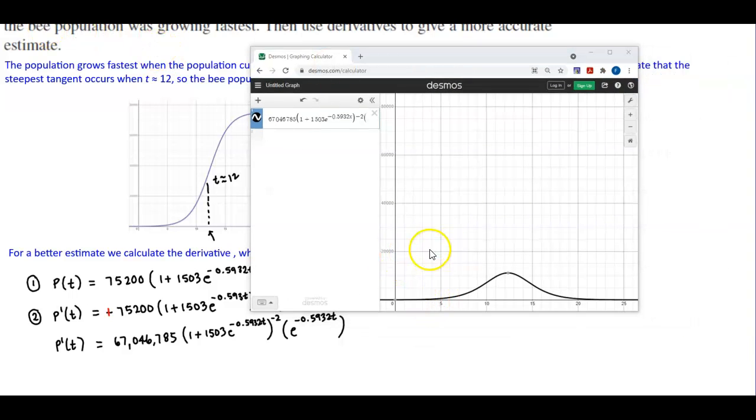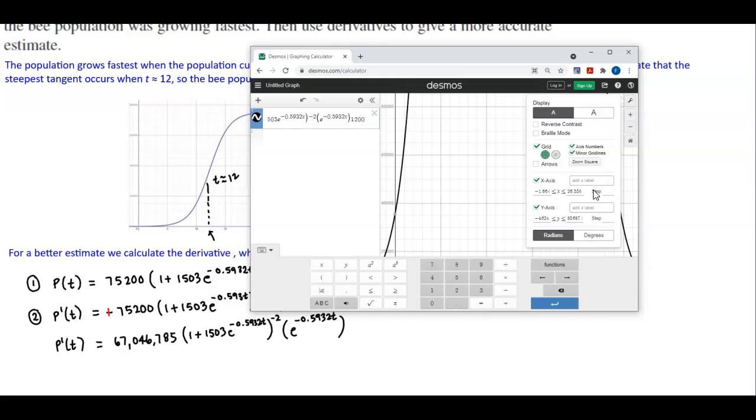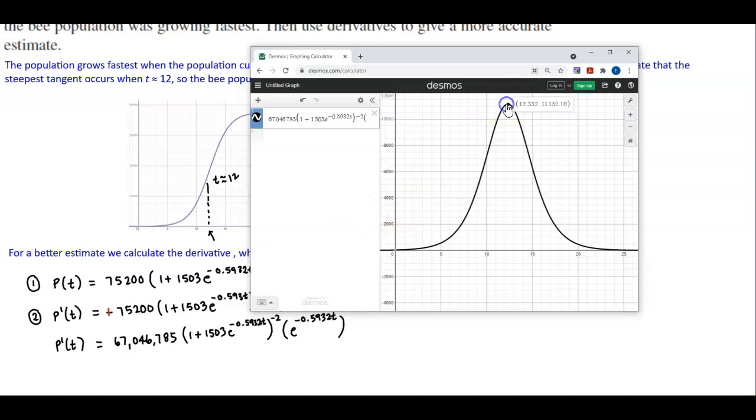So we know that it doesn't go above 20,000. So let's go ahead and change this to, let's say, 12,000, our y value. Okay, so let's take a look at that value there.